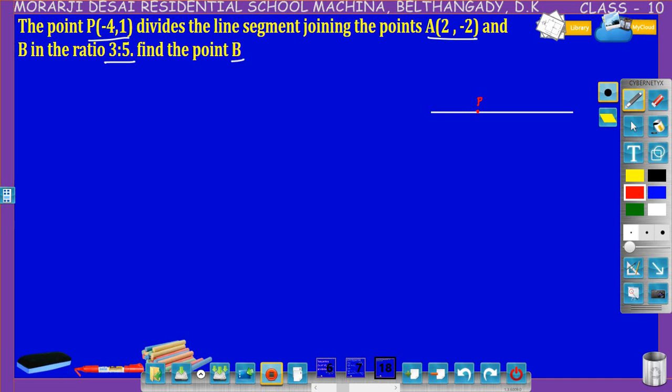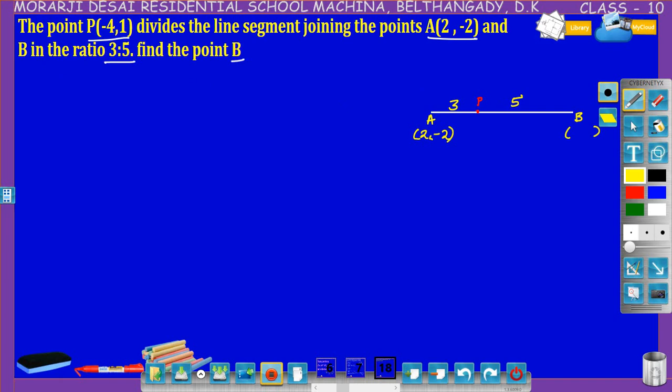Point P lies on the line segment joining the points A and B. So the end points of the line segment are A and B. Now coordinates of point A is given, that is 2, minus 2, and coordinates of point B is not given. You have to find. Ratio is given, that is 3:5.